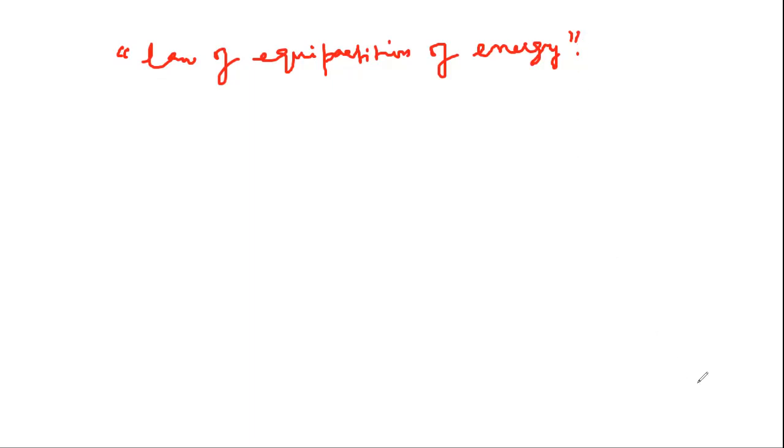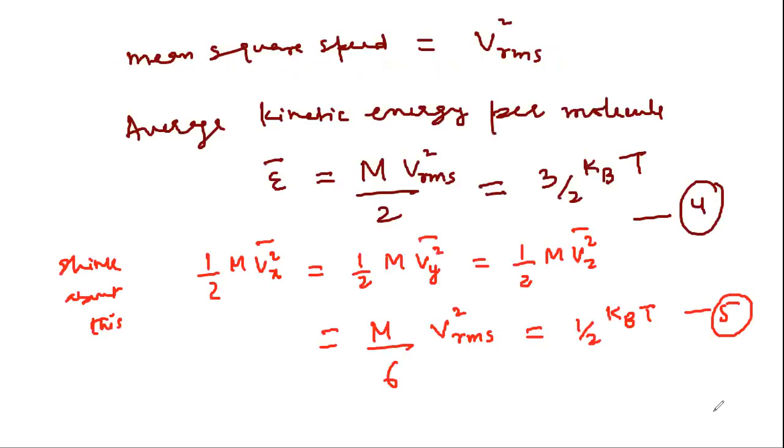So here we showed that since the average kinetic energy per molecule is 3/2 k_B T and there is no preferential direction, therefore this gas molecule has 3 degrees of freedom because it is translating along x, y, and z.